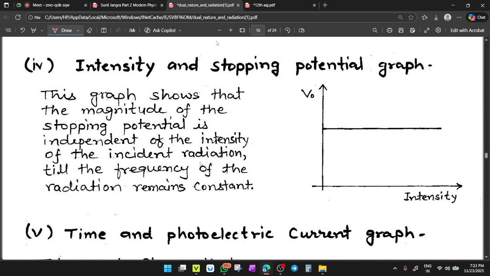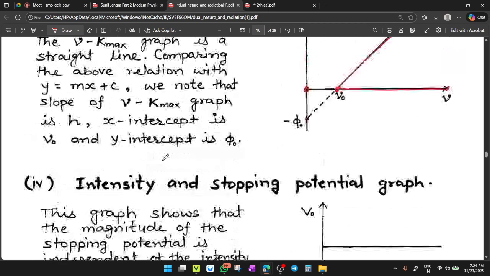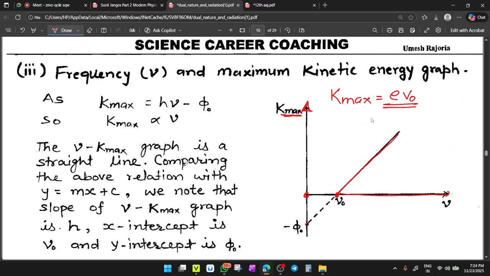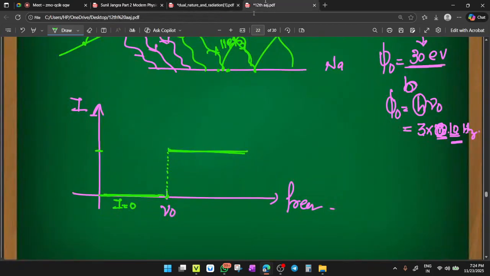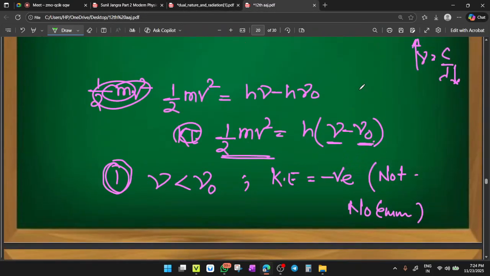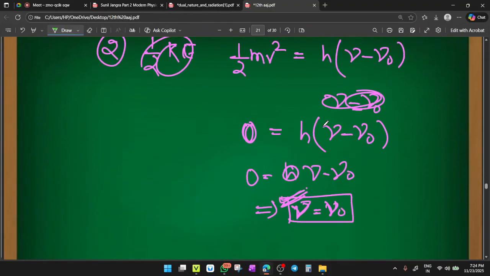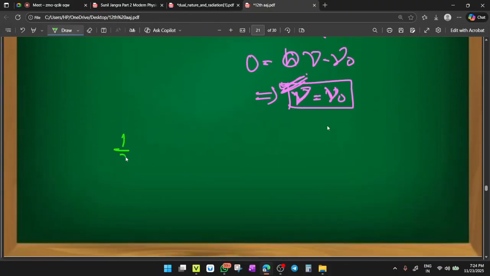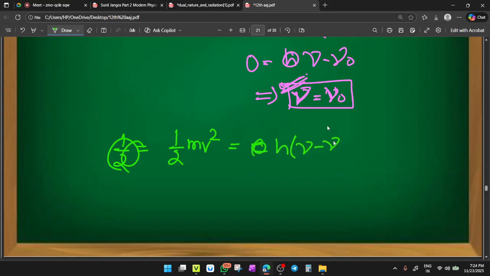Next, intensity and stopping potential. So stopping potential is related to the frequency. We have seen this earlier. We have studied that half mv square equals h nu minus h nu naught.